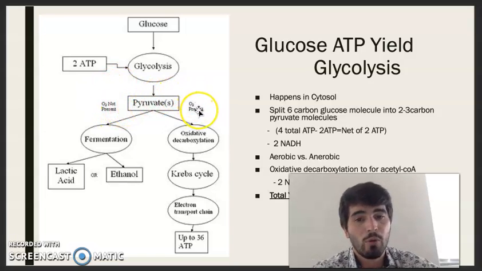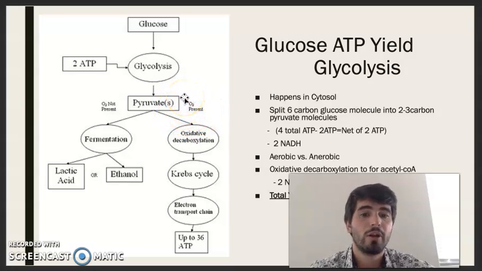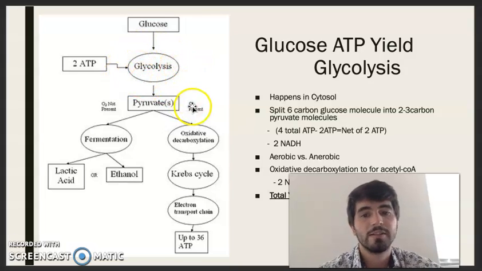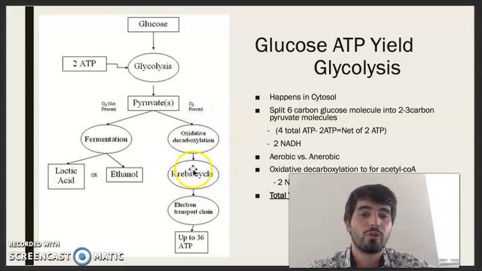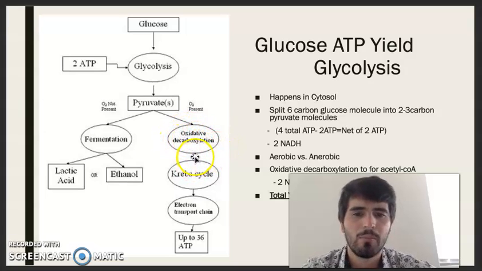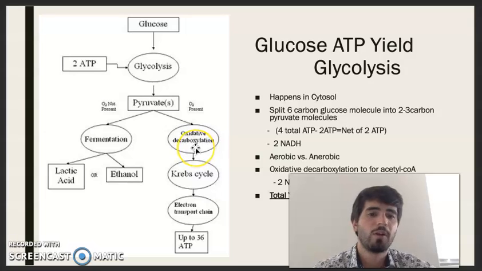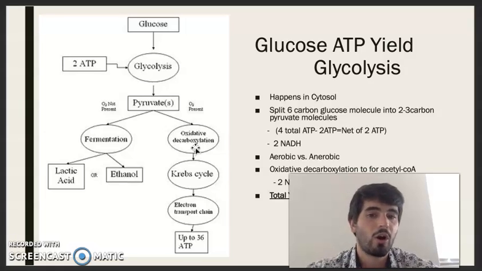On an aerobic level, we remember we have the 2 3-carbon molecules that just got split because of glycolysis, and then we are preparing them to go into the Krebs cycle or the citric acid cycle. For that to happen, it has to go through oxidative decarboxylation, which is a process where those 3-carbon molecules will lose one of the carbons to form acetylcholine.